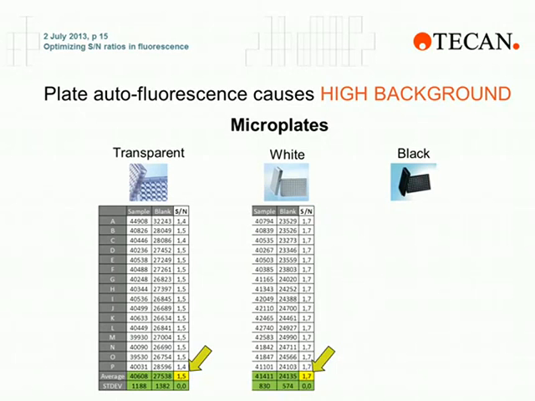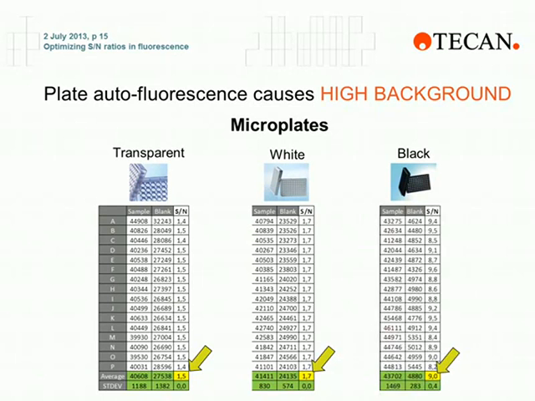For white plates, we already get a slightly better signal-to-noise ratio, but in general, we highly recommend using black plates, or for cell-based assays, black plates with a transparent bottom. And using black plates for the assay results in a signal-to-noise ratio of 9.0, based on a reduced background.